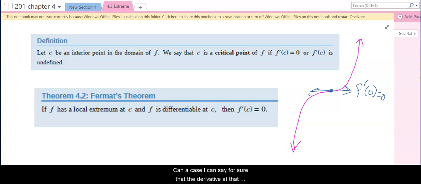In that case, I can say for sure that the derivative at that point must be 0. That does not mean that just because the derivative is 0, that it has to be a local extrema. Again, refer to the graph of f of x equals x cubed for a counterexample.